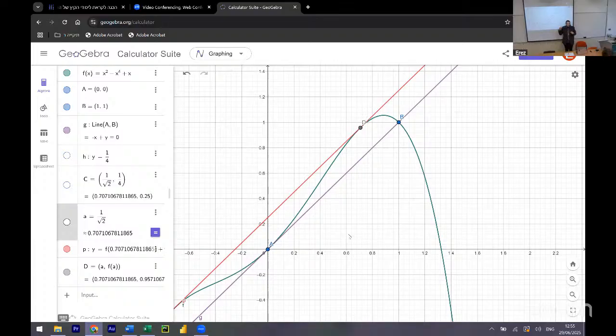No. But what measurement could there be? Average speed, that's what I was going for. So at some point I drove exactly at the average speed. That's what Lagrange tells us. The average speed is the slope here, and at some point I was driving exactly at the average speed.